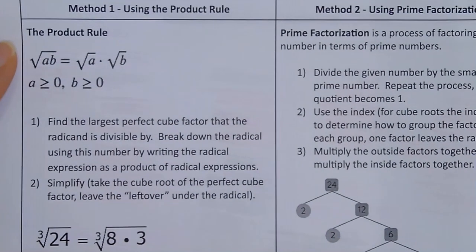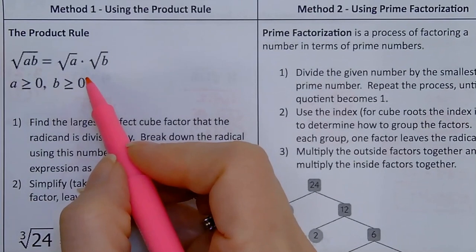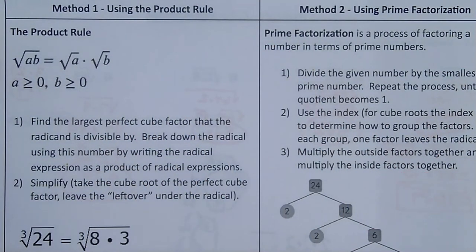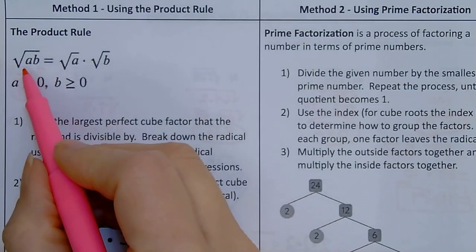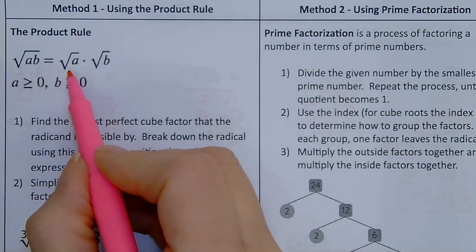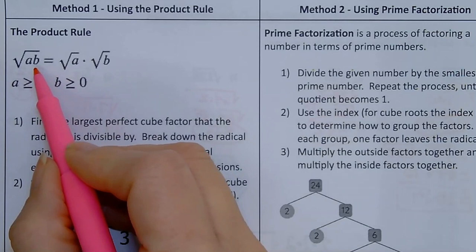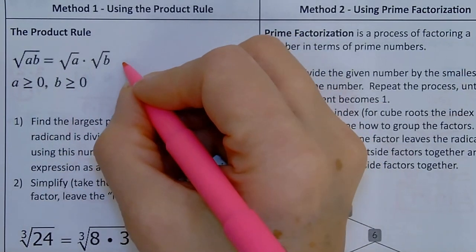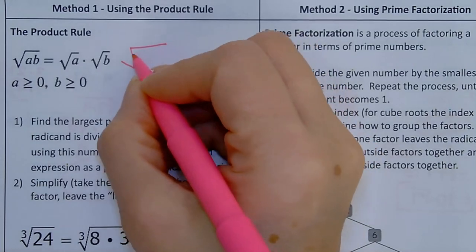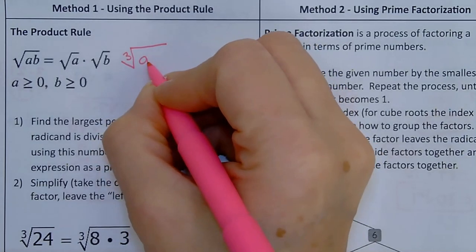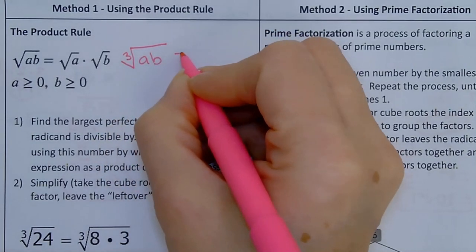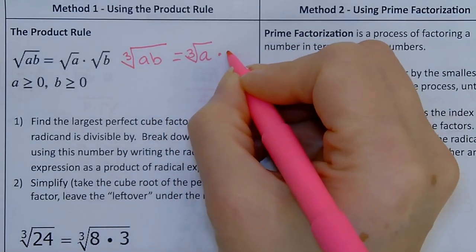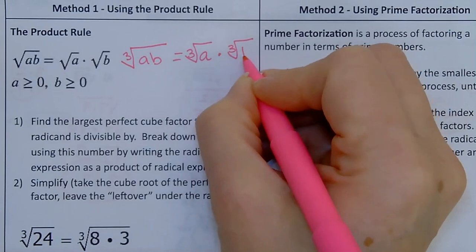So again, we're going to use these two rules that we used when we were talking about factoring square roots, right? If the square root of a times b under the radical is the same as the square root of a times the square root of b, I'm going to extend that out and say that the cube root of a times b under the radical equals the cube root of a times the cube root of b.